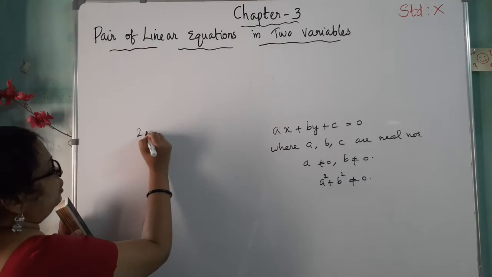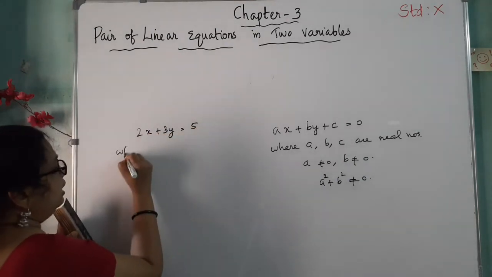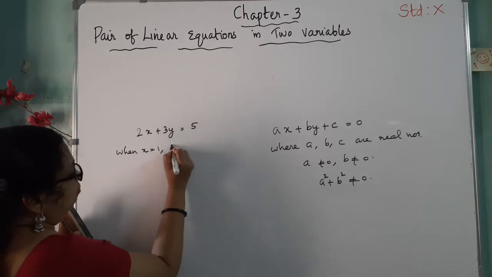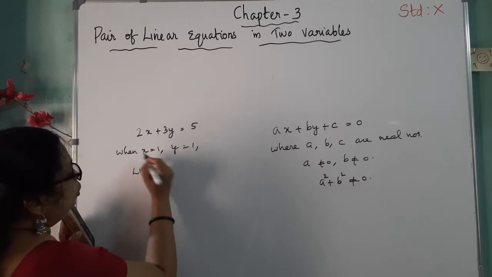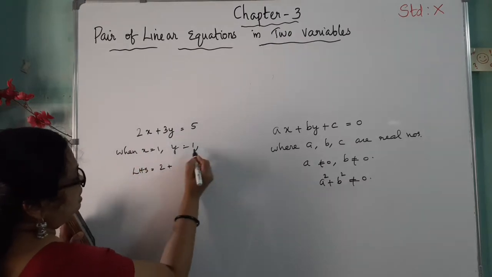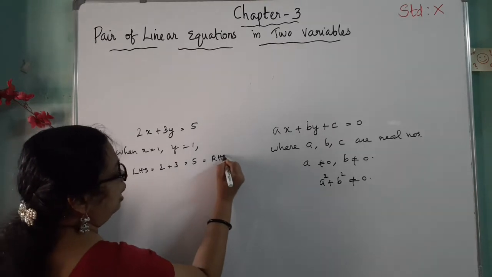Consider a linear equation 2x plus 3y is equal to 5. Then when x equal to 1, y equal to 1, the left side LHS equal to 2 into 1, 2, plus 3 into 1, 3, that equal to 5, which is equal to RHS.